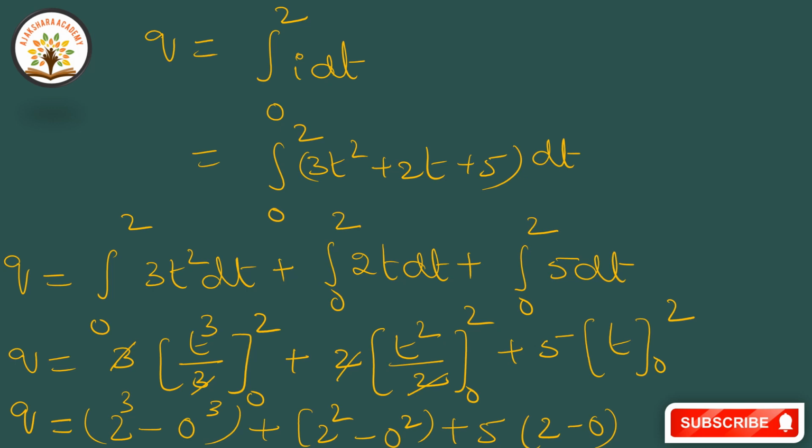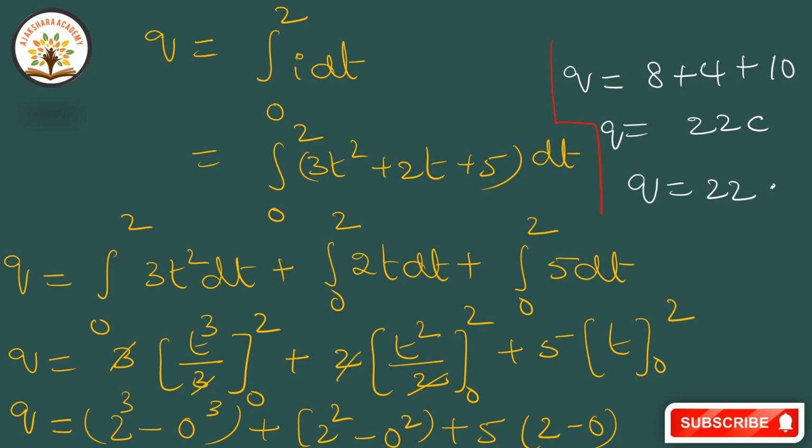So now the final expression is q is equal to 2 cube, nothing but 8, 2 square 4, 5 2's are 10, 8 plus 4 is 12, 12 plus 10 is 22 coulombs. So the charge q is equal to 22 coulombs.